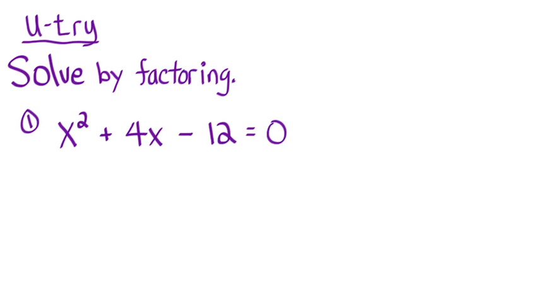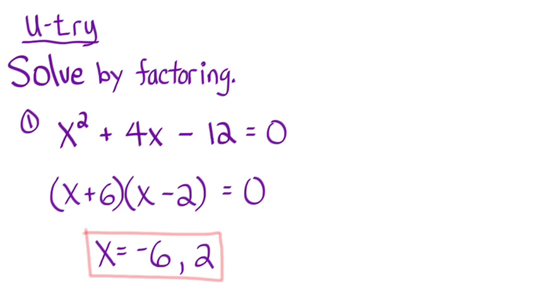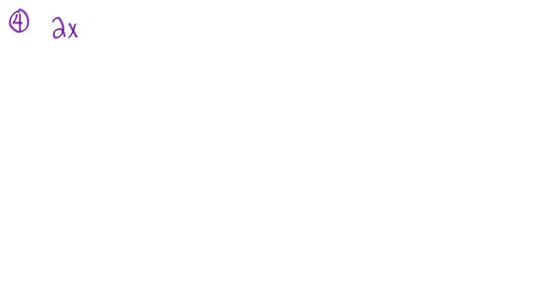And we call this solving for our x's, or our x-intercepts. Let's see how you did. Did you get x plus 6 and x minus 2 when you factored? And then you solve when they equal 0. So you subtract the 6 and you add the 2. So what happens when we have something like this?